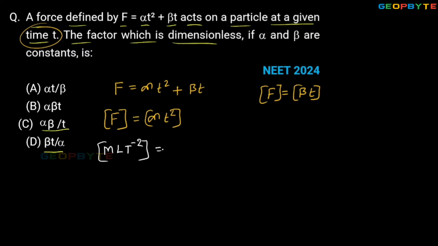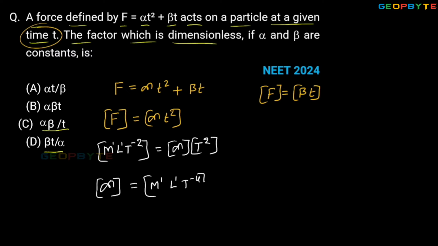There is the force dimension, because force F equals ma. The dimension of a is L by T power 2, that is L T power minus 2. This is the dimensional formula for the force, M power 1, L power 1, T power minus 2. Alpha dimension times T power 2, so the dimension of alpha equals M power 1, L power 1, T power minus 4.